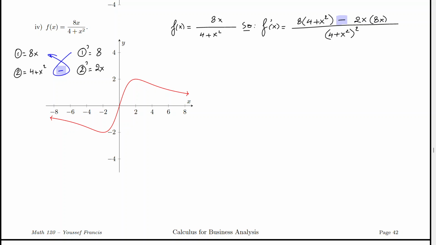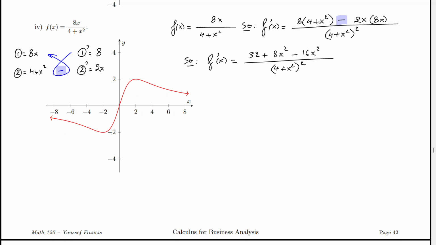So in other terms, f prime of x in this case will be 8 times 4, which is 32, plus 8 times x squared, minus 2x times 8x, which is 16x squared, all divided by 4 plus x squared, everybody squared.